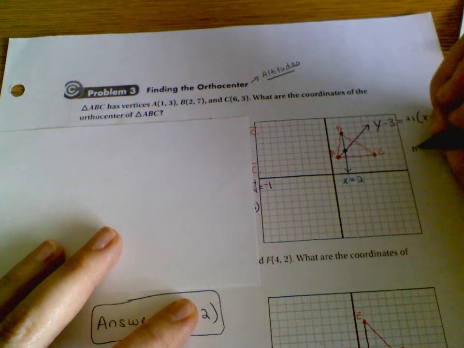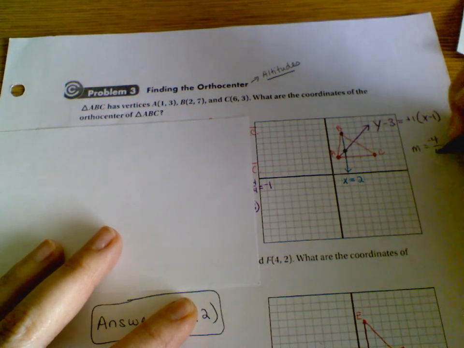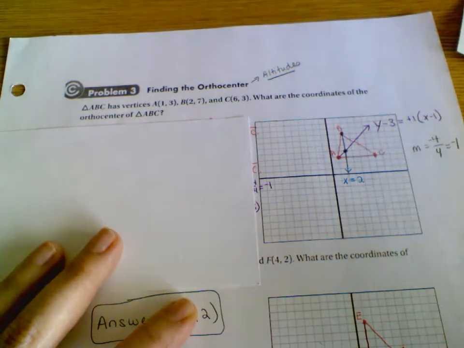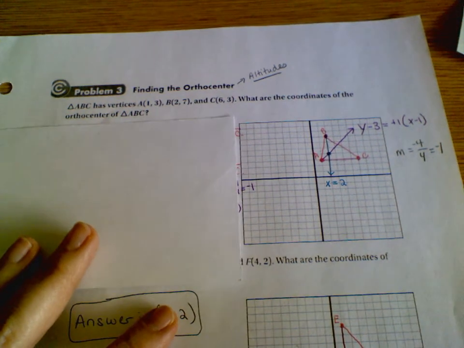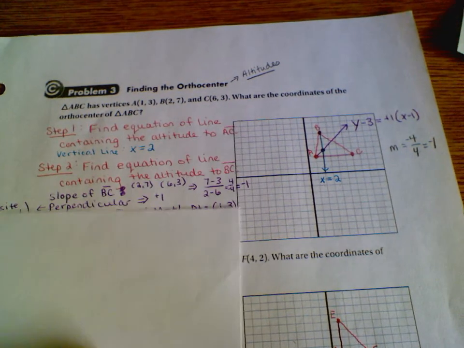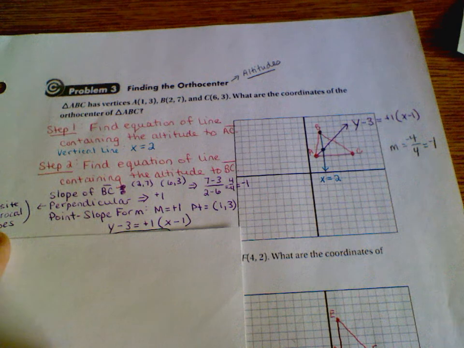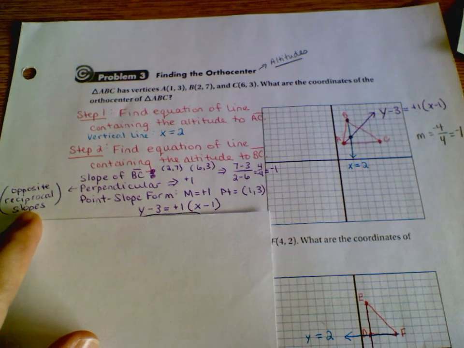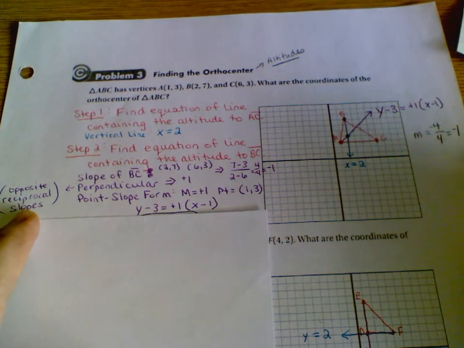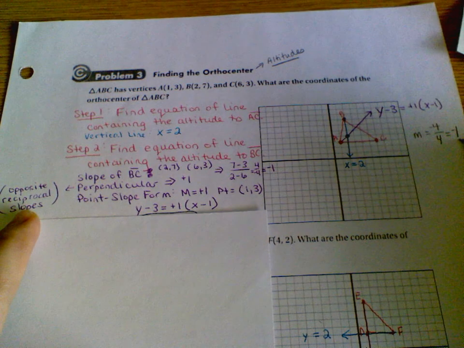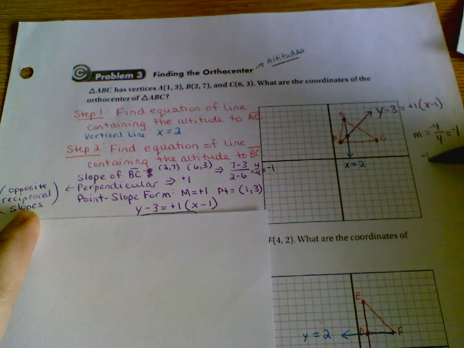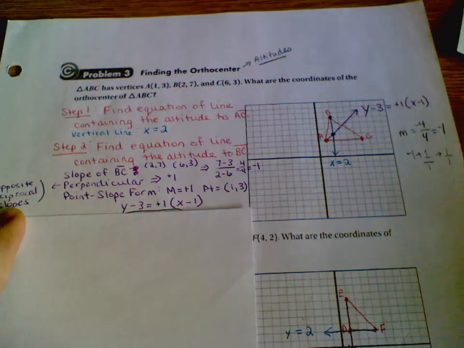So my slope was -4/4, which means the slope of line BC is -1. Remember, when I was doing perpendicular, my slopes are opposite reciprocals. So if I'm trying to make a line that's perpendicular to this, I'm going to have to do the opposite and reciprocal of it. So the opposite of -1 would be +1, and then the reciprocal of that means I'm going to flip it, which in this case still just stays as 1.